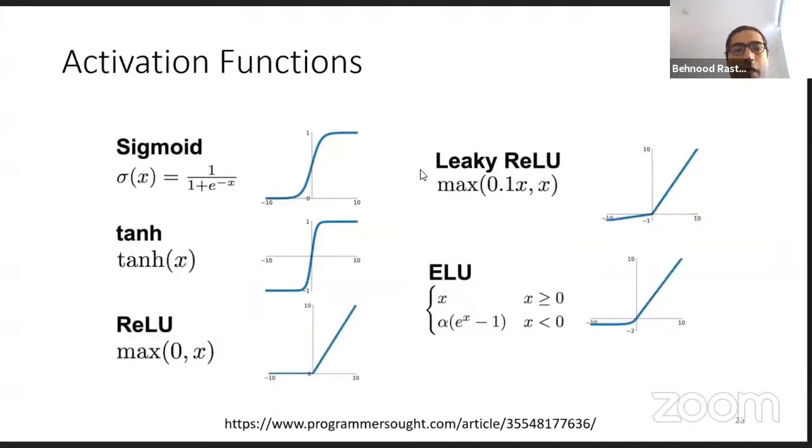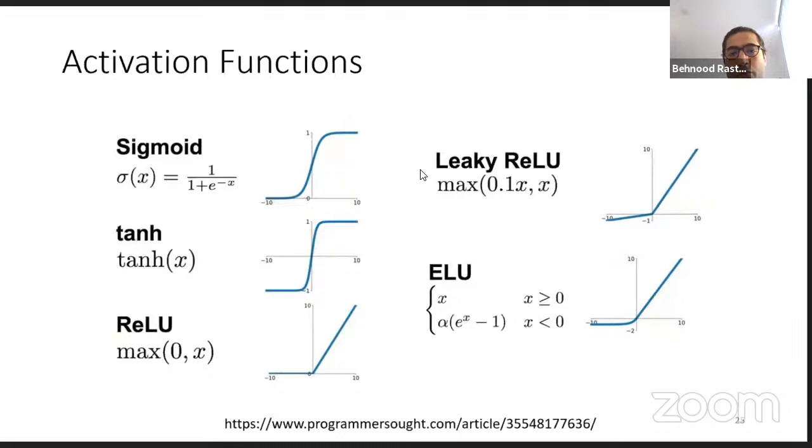And finally, we have the activation function. There are different types of activation functions, and they all try to apply nonlinearity to the learning process of your network. For instance, sigmoid is between 0 and 1, and tanh is between -1 and 1. ReLU just keeps the positive values and neglects the negative values.